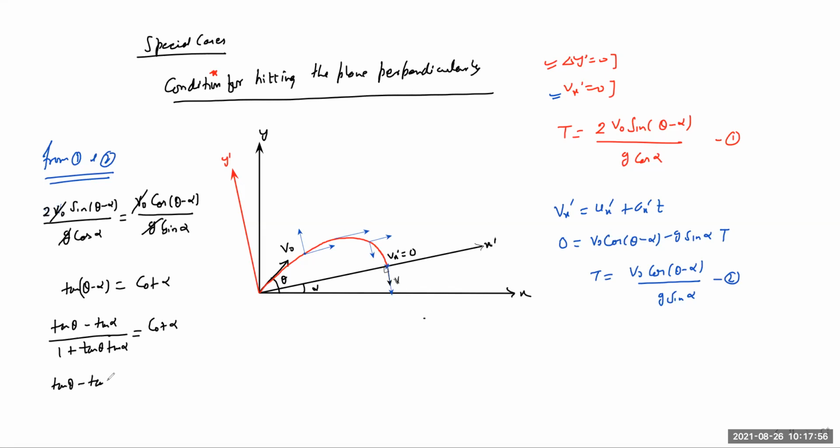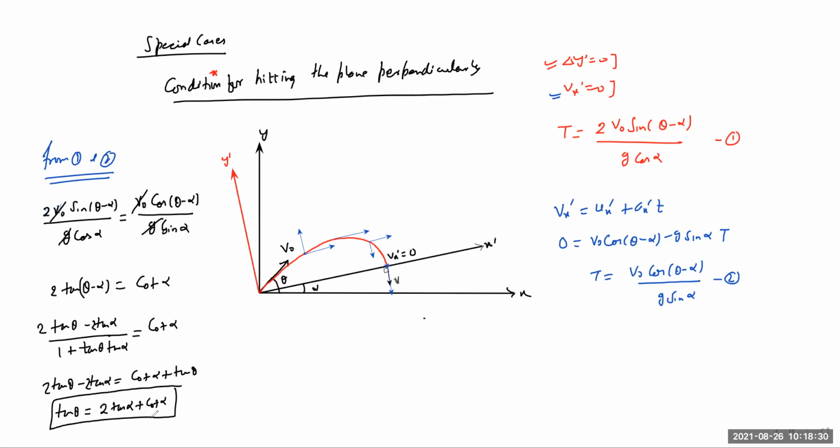Tan theta minus tan alpha, you can multiply cot alpha plus tan, I missed the 2. Oh, no, it's fine. So what we are getting is that tan theta is how much? 2 tan alpha plus cot alpha. Yeah, that's why what I was doing was wrong actually, because 2 we cannot eliminate, right? So this is the answer.